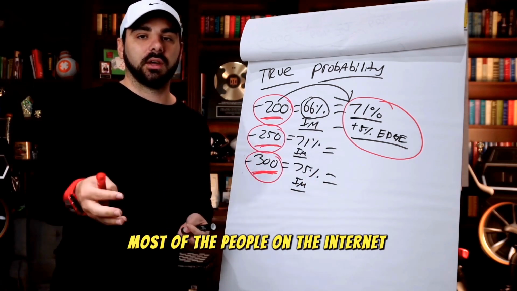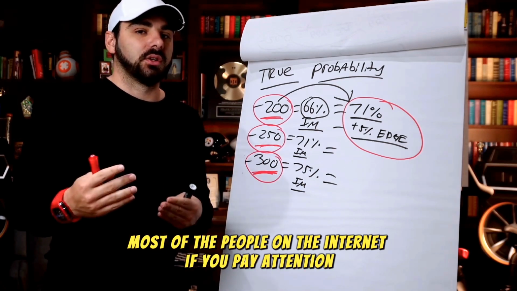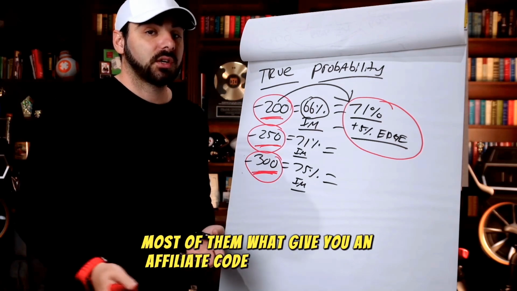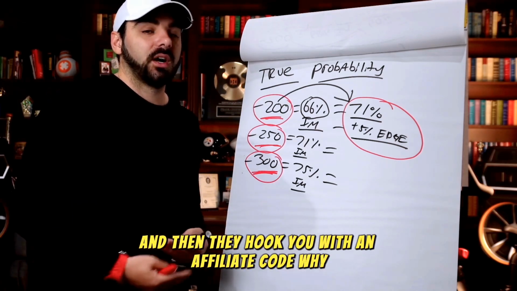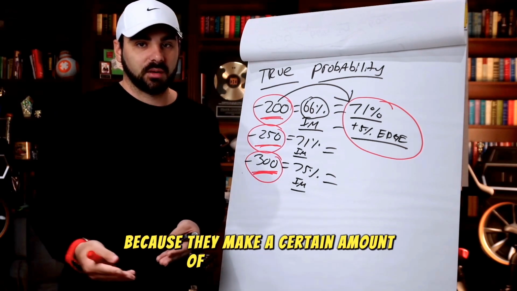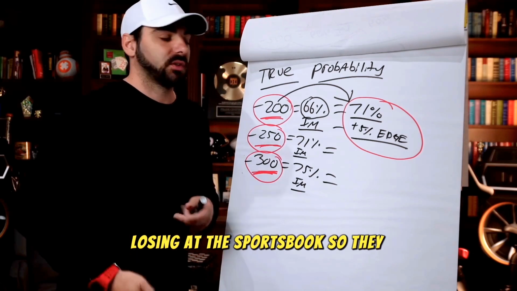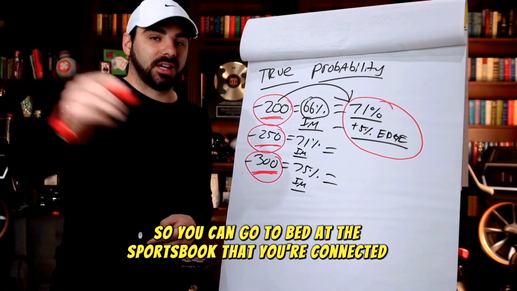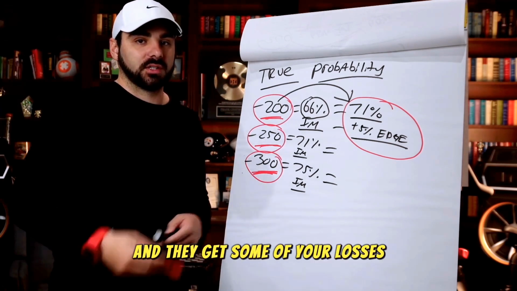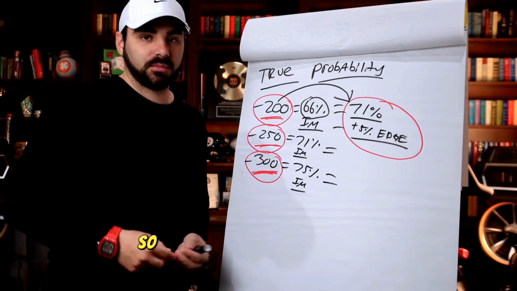Most of the people on the internet, if you pay attention, most of them give you an affiliate code for a sportsbook. They give you bad advice and then they hook you with an affiliate code. Why? Because they make a certain amount of money off of you losing at the sportsbook, so they give you bad advice so you can go bet at the sportsbook that you're connected to them and they get some of your losses, and that's how they get paid. So remember that.